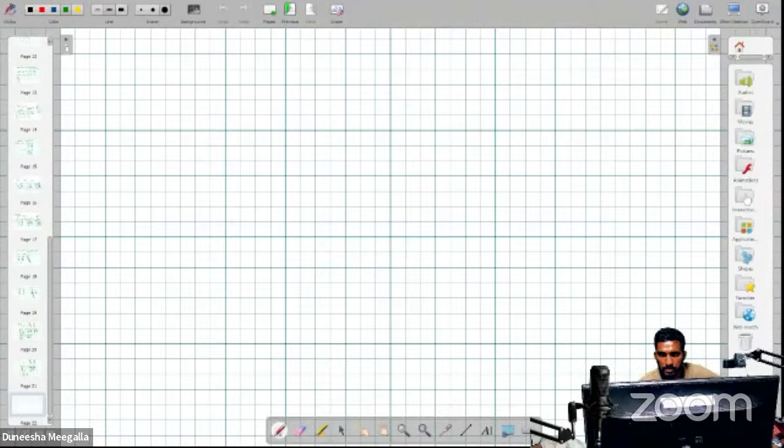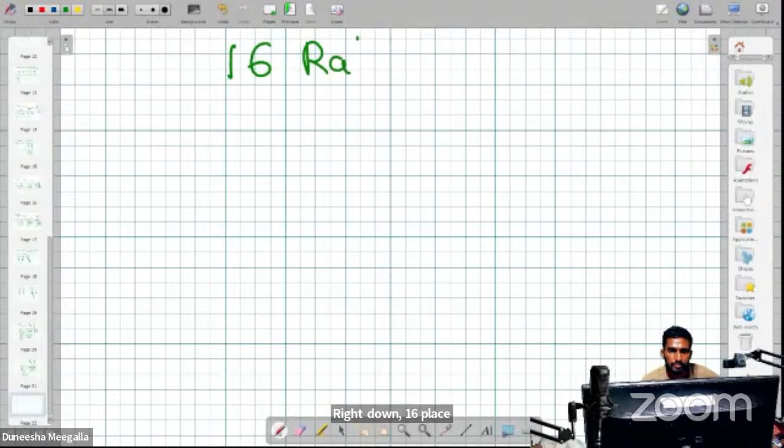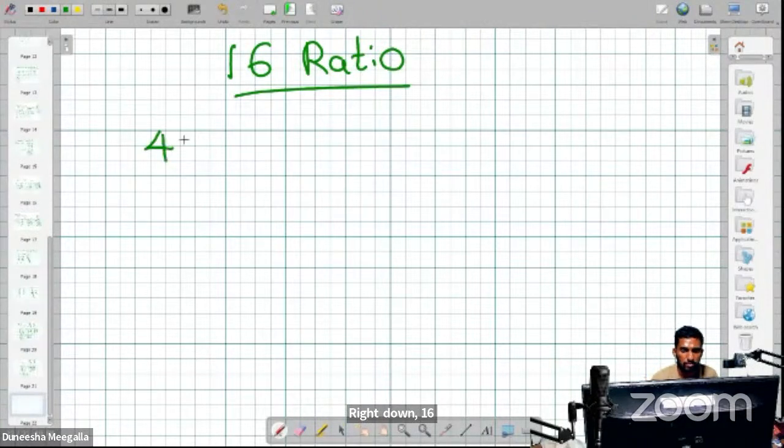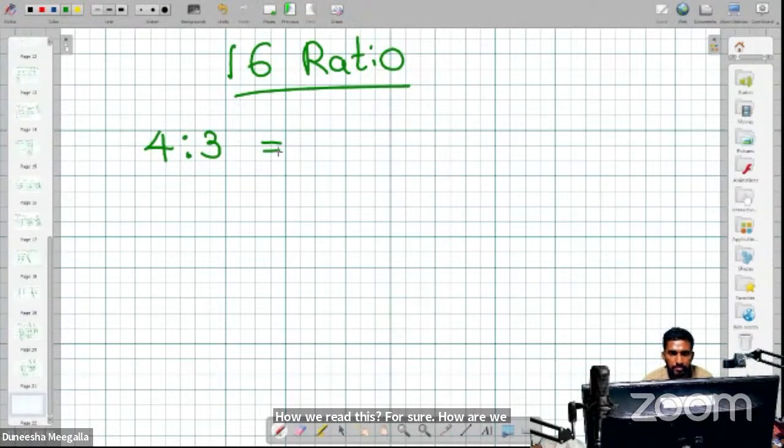Sixteenth lesson. Write down 16 ratio. How we read this ratio? 4 to 3.